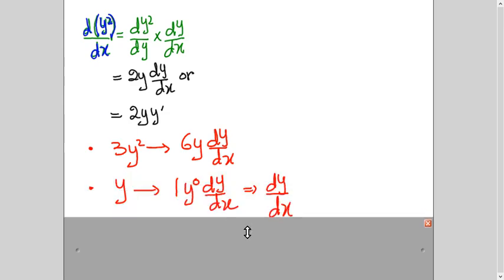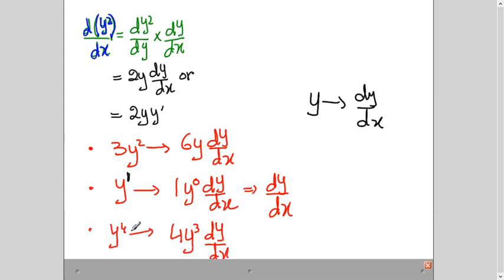Then suppose you have to differentiate y. What is the power here? 1. So it will be 1 times y to the power 1 minus 1, which is 0, dy over dx. So it is simply dy over dx. Whenever you differentiate y with respect to x, it becomes dy over dx. And the reason I have explained to you here.